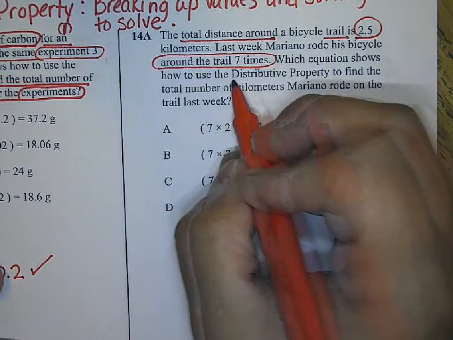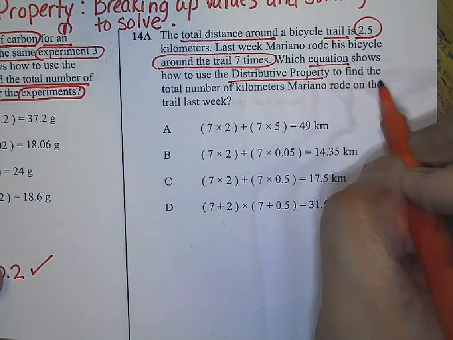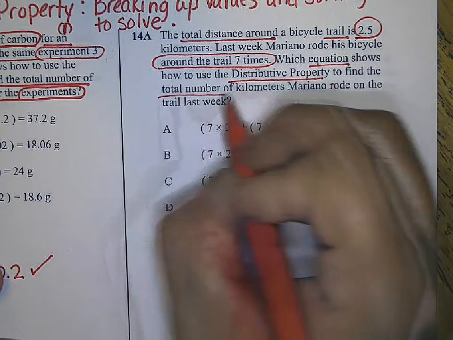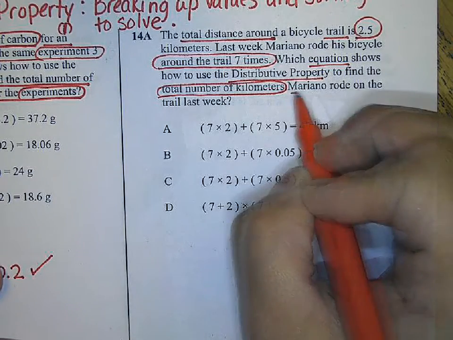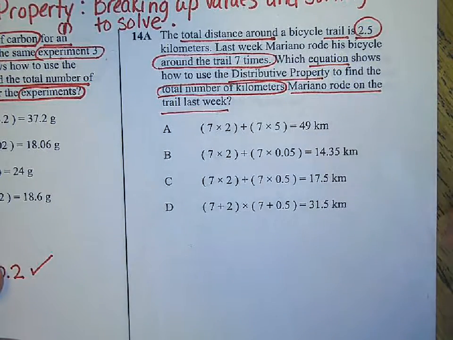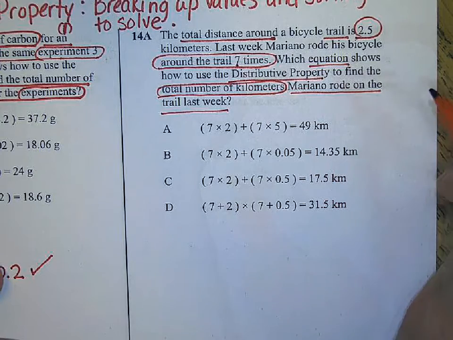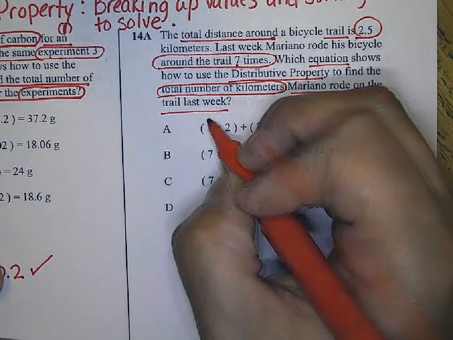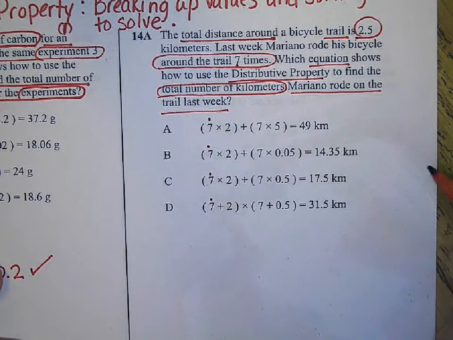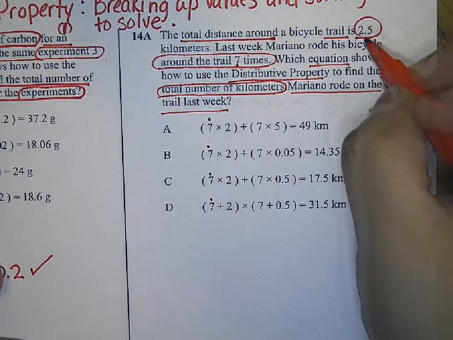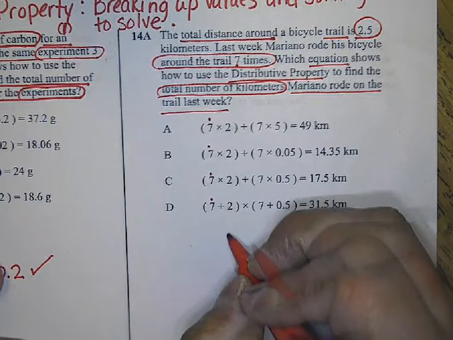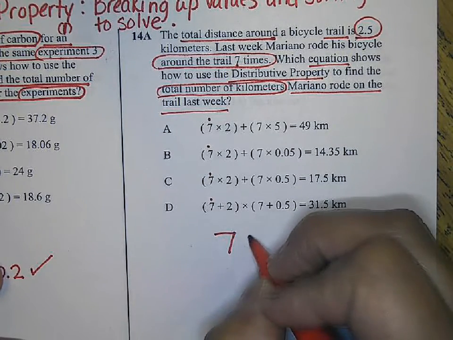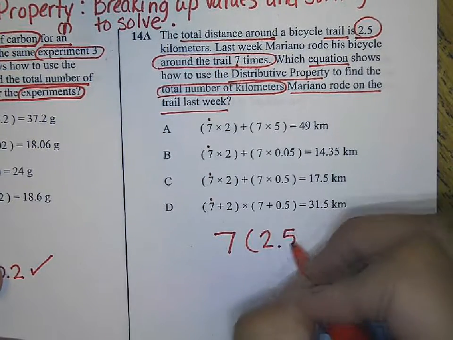We're looking for the distributive property equation that shows how to find the total number of kilometers he rode on the trail last week. So I'm going to take my whole number of 7, because that's how many times he rode around. So they all have a 7, right? And then I'm going to look at my value of 2.5.